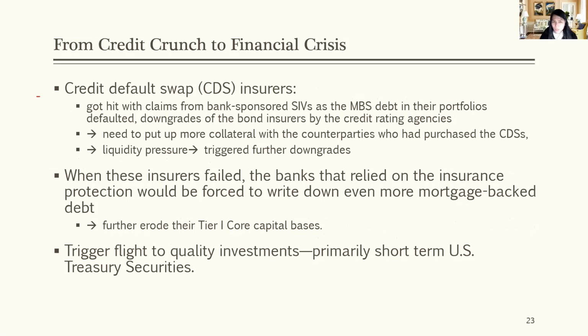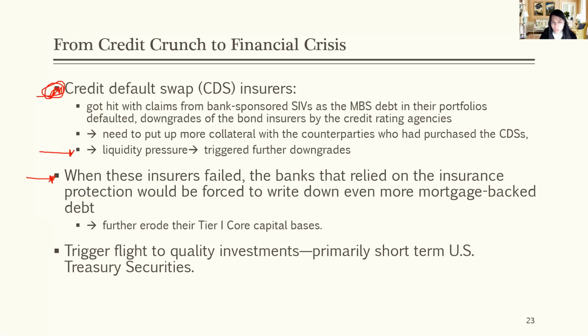So we sort of talked about this before. As the crisis started to worsen, a lot of the mortgage-backed securities holders claimed against the insurers, right? Claims against these CDS insurers created liquidity pressure for them, which triggers further downgrades or even default.